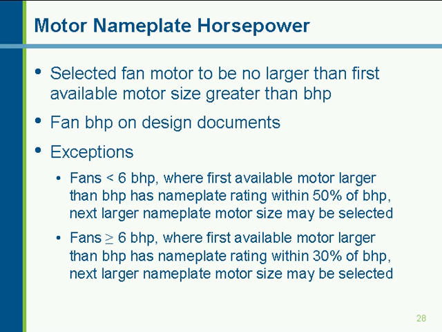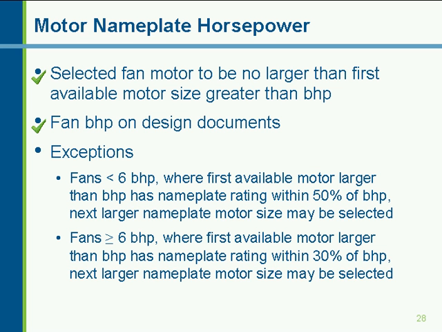There is a requirement to select nominal motor sizes that are only a certain amount larger than the calculated brake horsepower for a fan motor. In general, the selected fan motor must be no larger than the first available size greater than the calculated brake horsepower. And that is the fan brake horsepower that must be shown on the design documents. There are 2 exceptions.